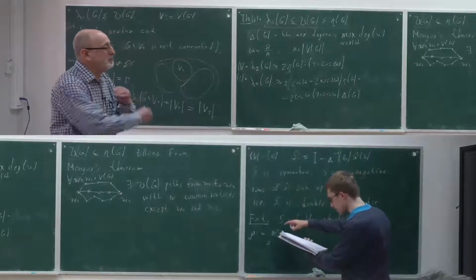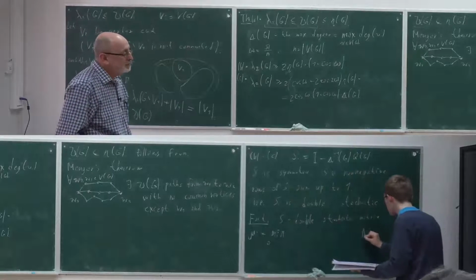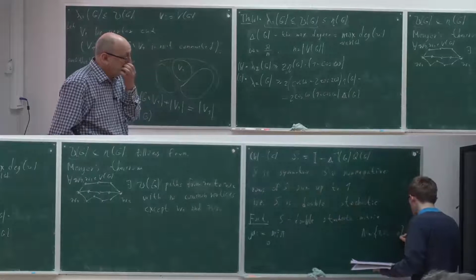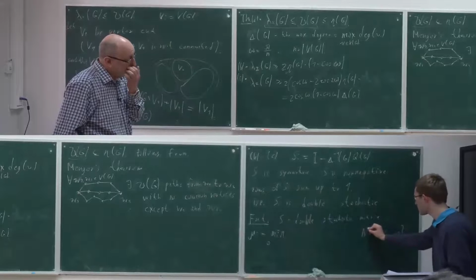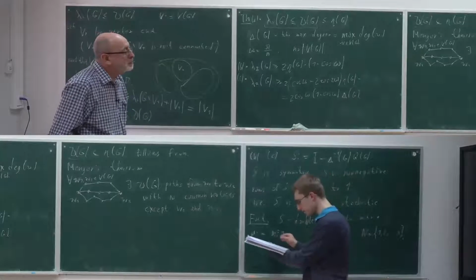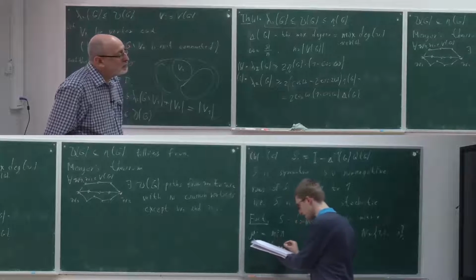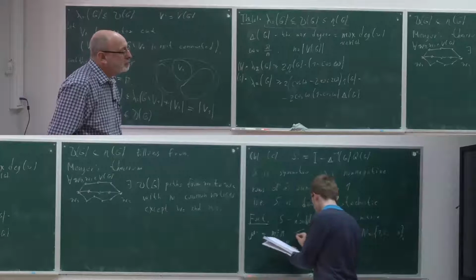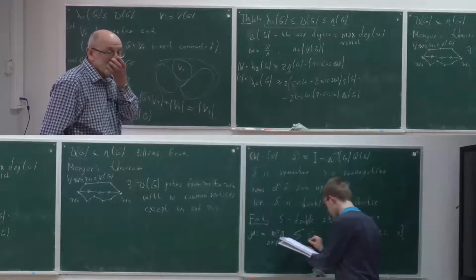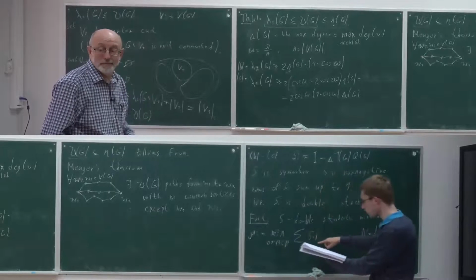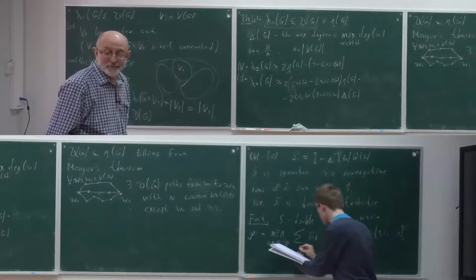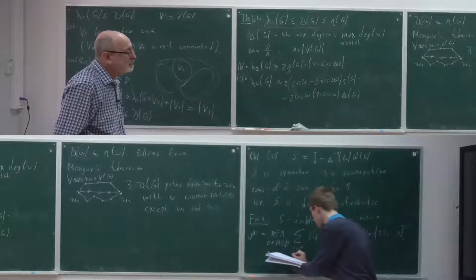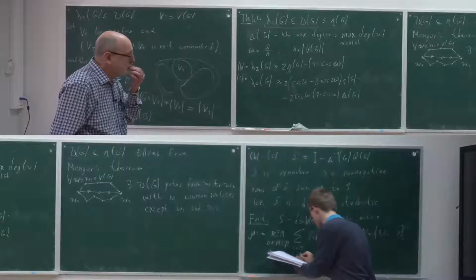So let S be the matrix n by n, and let capital N be just the set of integers from 1 to n. So columns and rows of S are labeled by this capital N. Then I will take a minimum over all non-empty and proper subsets of N of such guys. I will sum up all elements in this matrix over i's which are in this set and k's which are not in this set.